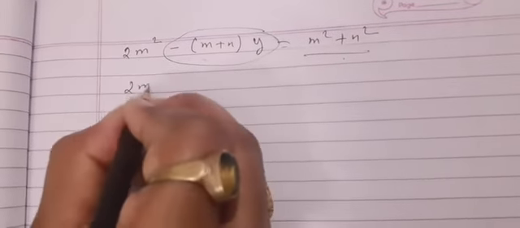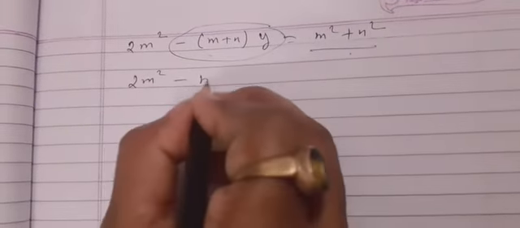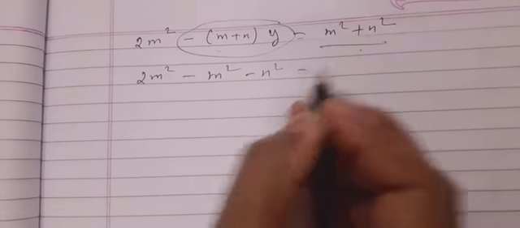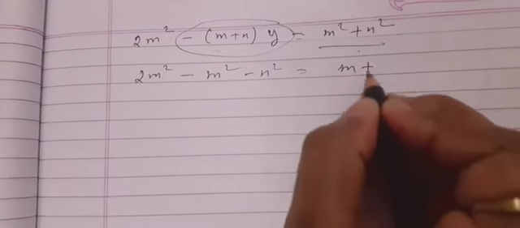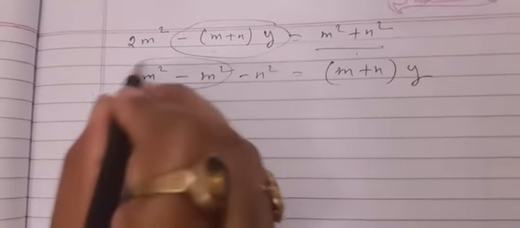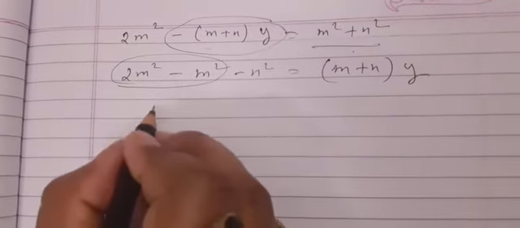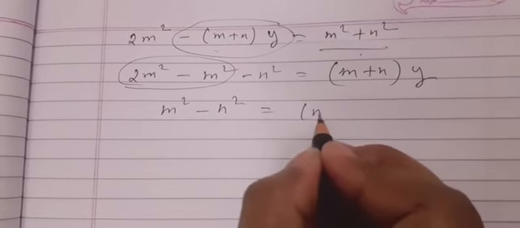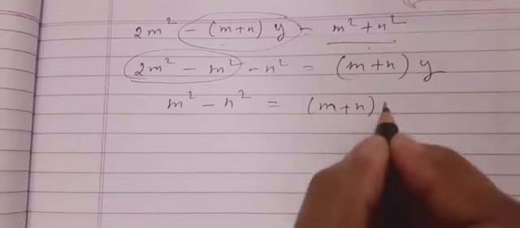So the equation is like this: 2m square here, plus m square, so this side will be minus m square and minus n square. Okay, and this is going that side, so the minus sign was there, so now it is m plus n into y. Now see, these both are like terms, so 2m square minus m square is m square minus n square, and it is m plus n into y.